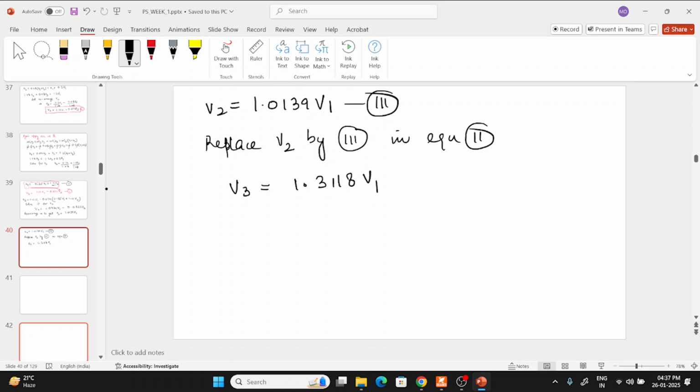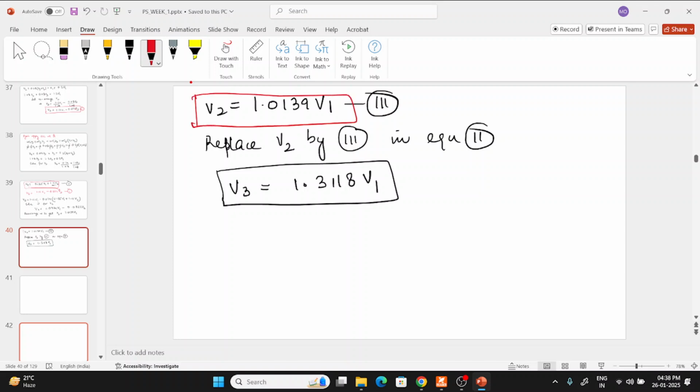There are three variables, and we got only two equations, so we cannot solve this fully, but we can calculate the string efficiency. You can see the trick. So this is V3, this is V2. Let's say this is 4. What is string efficiency?